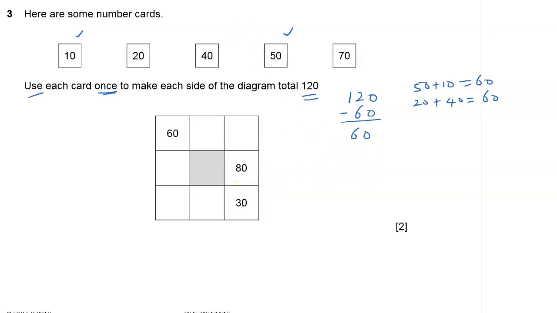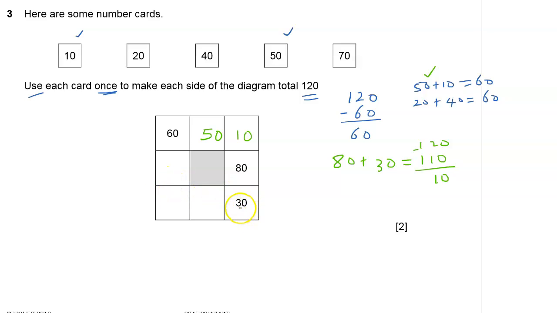80 plus 30 will give us 110, but we should have a card right here which should give us 120. So 120 take away 110, so the card should be 10. So the card right there should be 10. So basically means that now the 50 card should go right there.